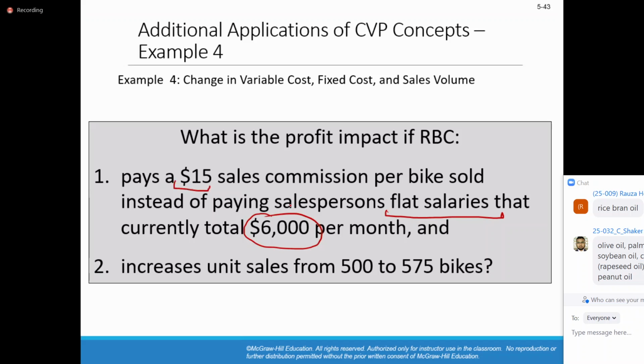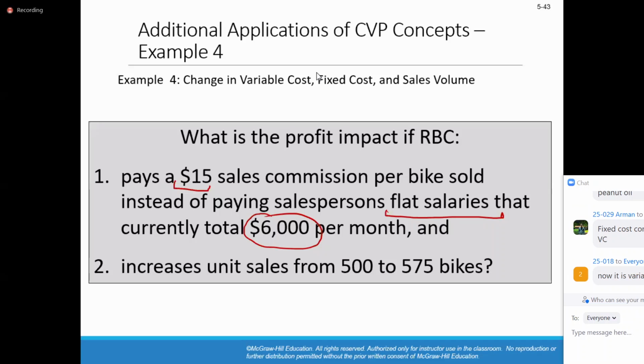What is happening here? In terms of cost behavior, we are changing the cost classification. The sales commission, which was a fixed cost to us, are we changing it to any other cost in terms of cost behavior? Are we changing a fixed cost to a variable cost?